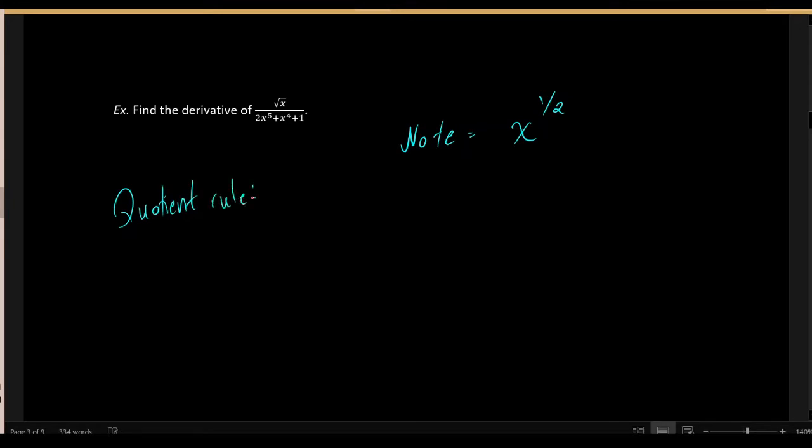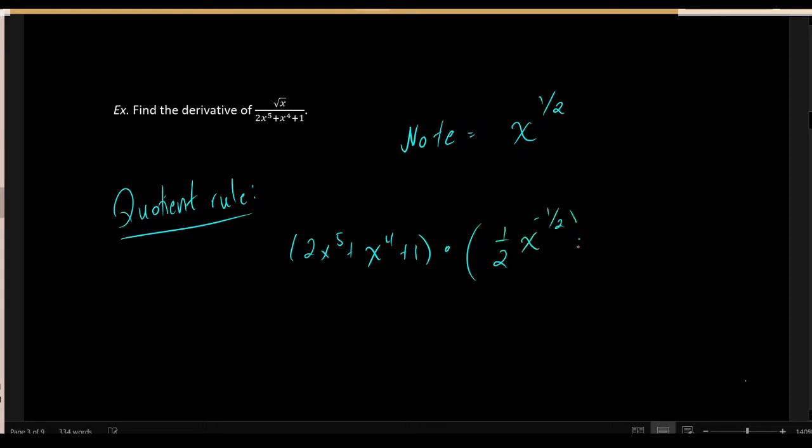So the quotient rule tells us to take the bottom, 2x to the 5th power plus x to the 4th power plus 1, and multiply that by the derivative of the numerator. The derivative being take the power, pull it down, and then decrease the power by 1 unit. Then we subtract the numerator, square root x, and multiply that by the derivative of the denominator.